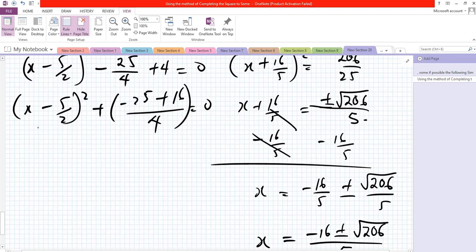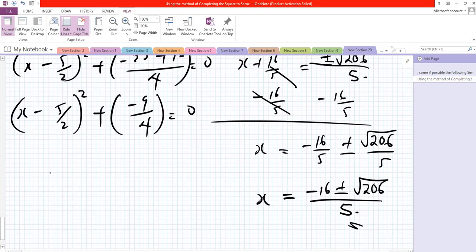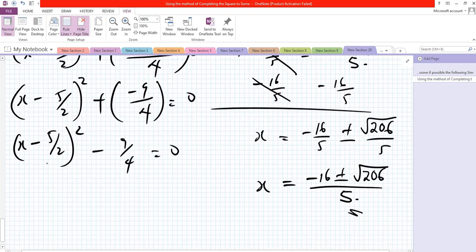Now this will be x minus 5 all over 2 all squared plus, this will now be minus 25 plus 16 would be minus 9 over 4 equal to 0. Now plus times minus will be minus, so you have x minus 5 over 2 all squared minus 9 over 4 equal to 0.